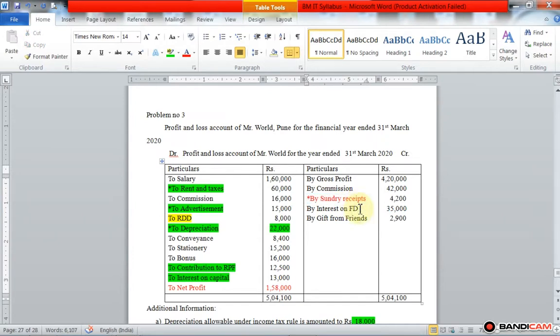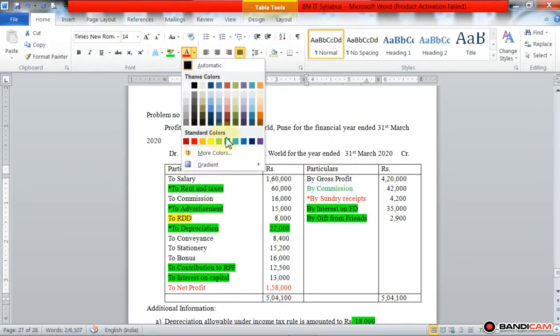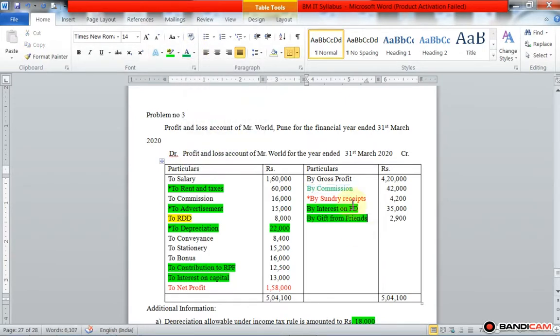Then interest on fixed deposit is income from other source, and gift from friends is also income from other source. Here commission is a business income, got it? So we consider commission as income from business.